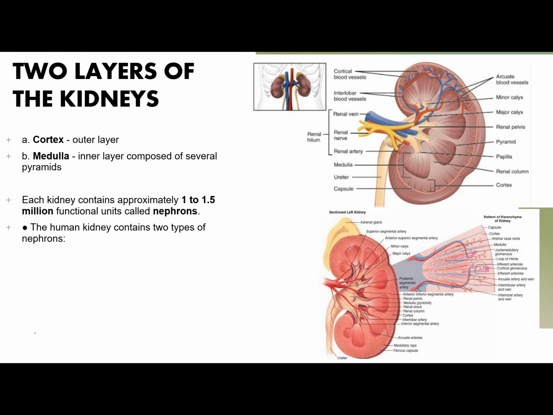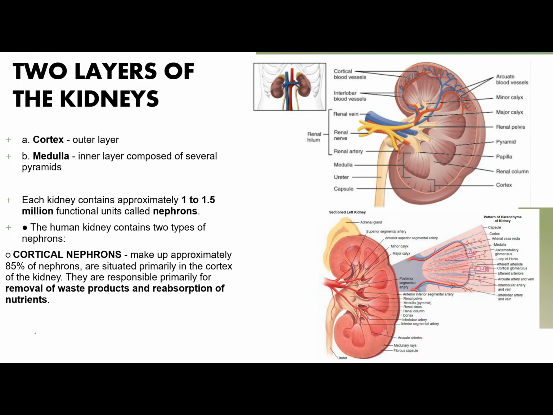Now, the human kidney contains two types of nephrons. There are two types of nephrons, class. The first one is the cortical nephron, making up 85%. It is the majority of nephrons, approximately 85%, situated primarily in the cortex of the kidney.